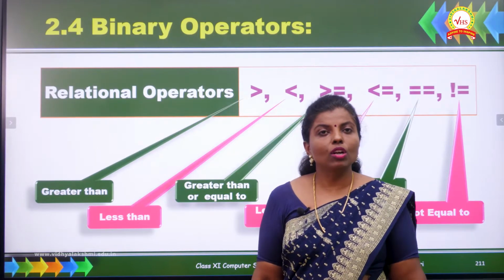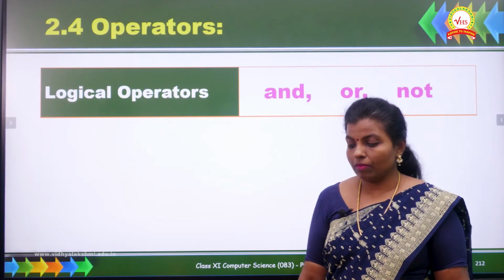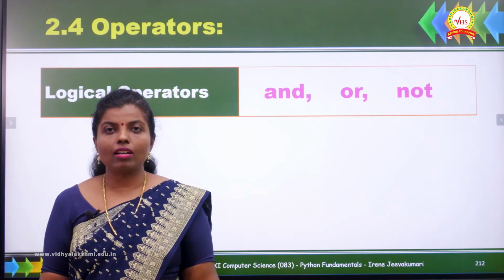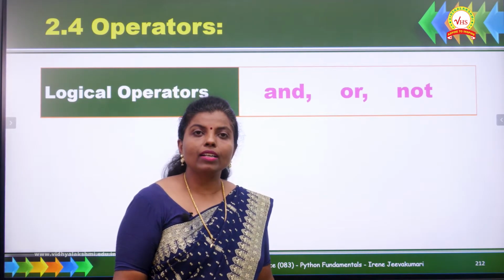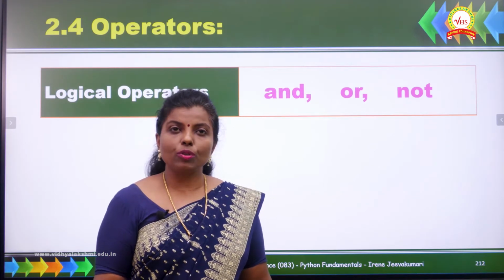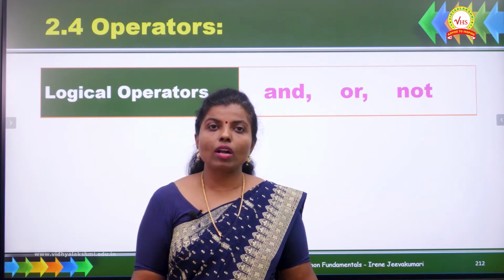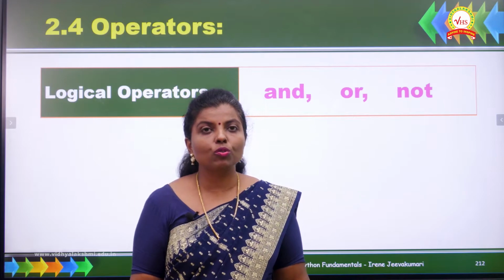These are one of the tokens of Python. Now let us move on to the next operator. They are logical operators. Here we have AND, OR and NOT. In these three operators, AND and OR are binary operators and NOT is a unary operator. As we have learned, NOT works upon only one operand, whereas AND and OR work upon two operands.